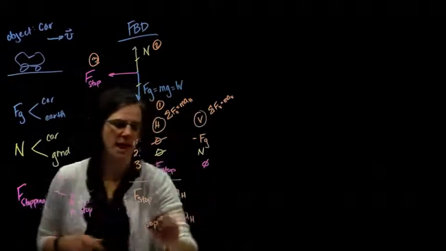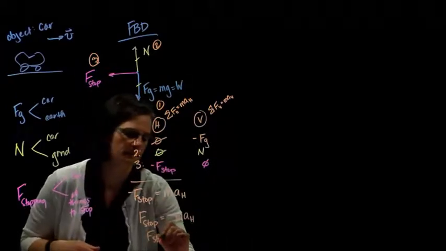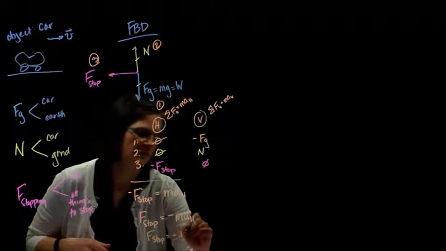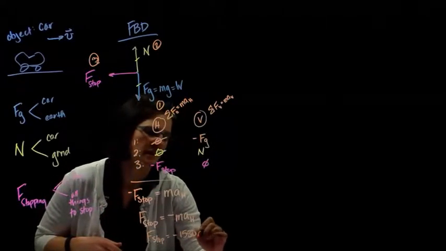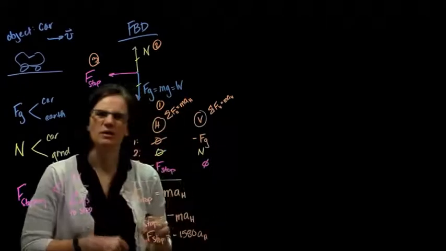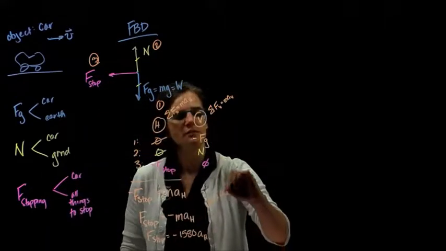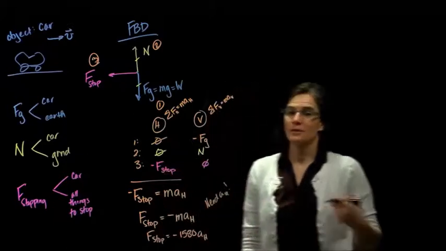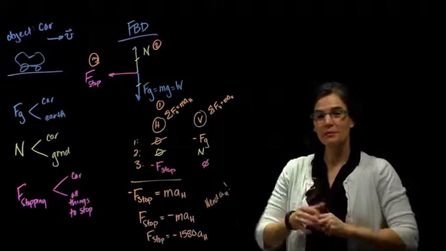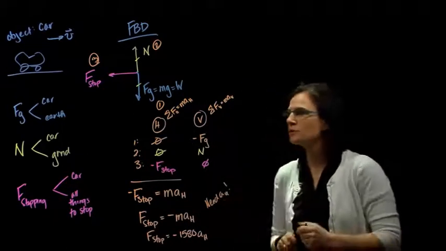I'm given the mass as 1580, but I don't know that horizontal acceleration. I need acceleration horizontal. Well, we learned a whole way to describe motion. Acceleration is one of those descriptors.